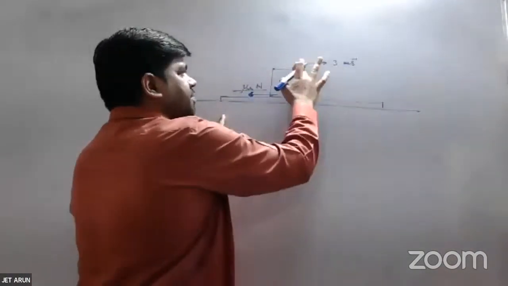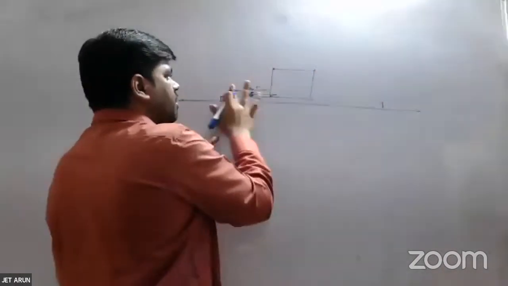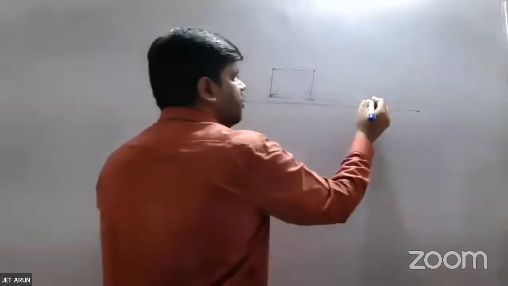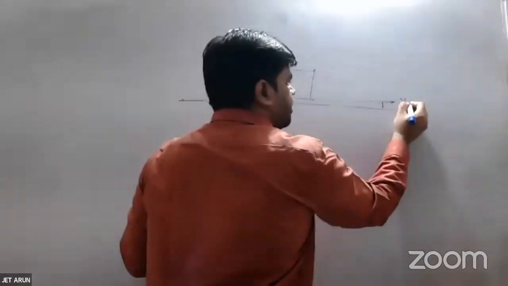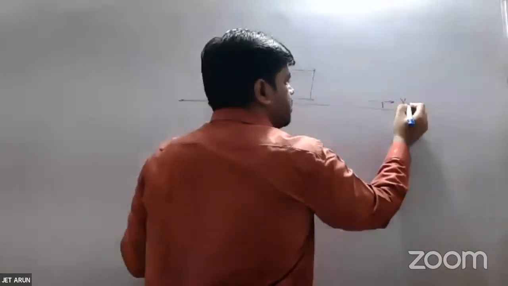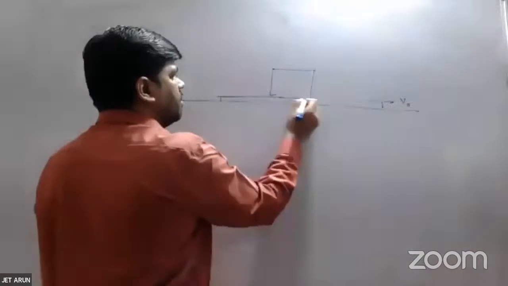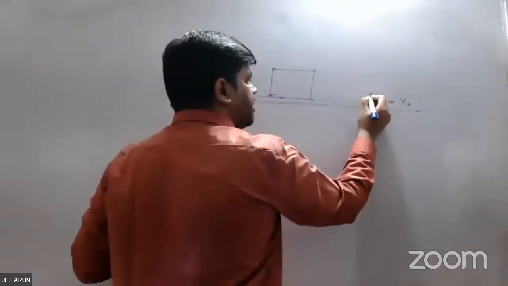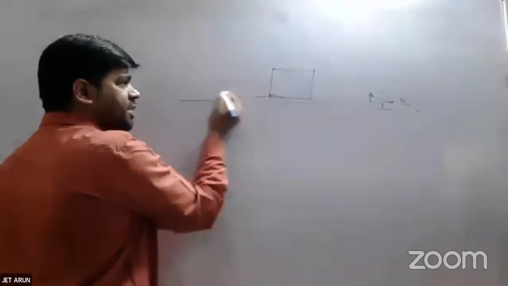But now let us say this block is not moving with respect to the ground, but the plank is moving with a velocity of some v naught. Then when I stand on this plank, I observe that the particle is moving towards left.